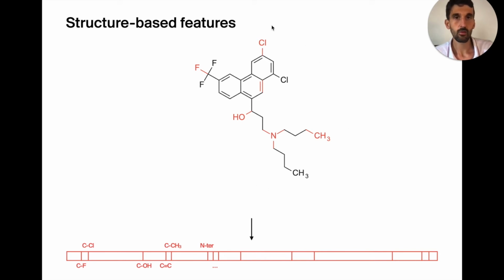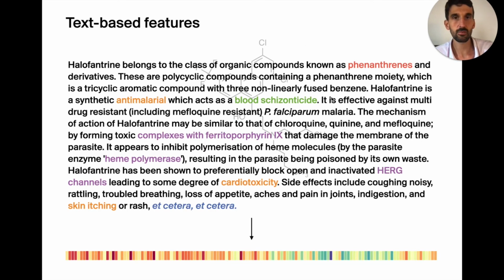Okay? Of course, here I'm just encoding the structure, but things can get more complex. For instance, I can gather all of the information from the scientific literature related to this particular molecule: the toxicity the molecule causes, the targets and the off-targets, etc. Because we know how to featurize not only chemical structure but also text, we can always embed and encode all of this information as vectors that can be the input of machine learning.